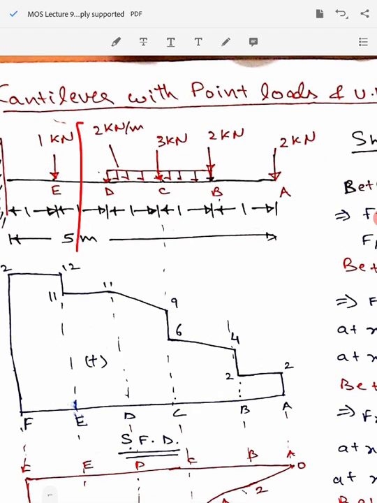So if you look at here, this entire uniformly distributed load, which is acting for a distance of 2 meters, you can assume to be acting exactly at the middle. So the distance of it from the cut section will be x minus 2, and the value of this is 2 kilonewton per meter multiplied by 2 meters, the distance over which it is acting.